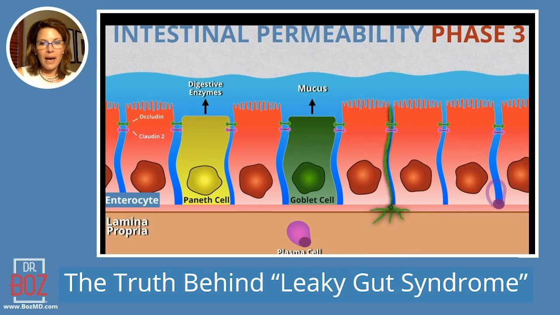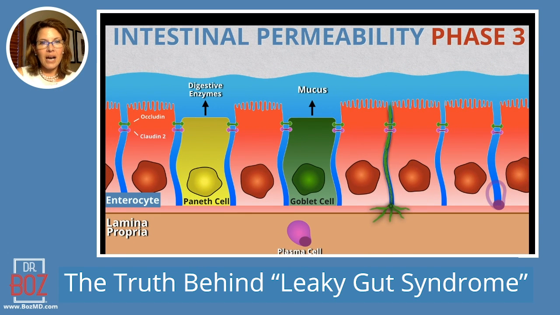All right, so let's go back. We're at phase 3, and now phase 3 has even wider separations between these cells. And we look at those staples, and there are some that don't fit anymore and others that really don't do a good job.